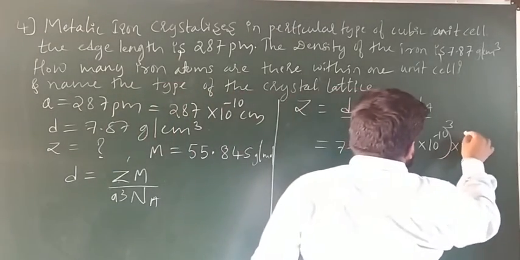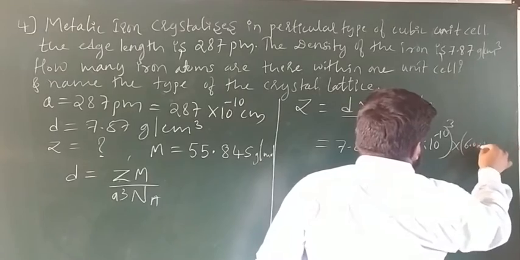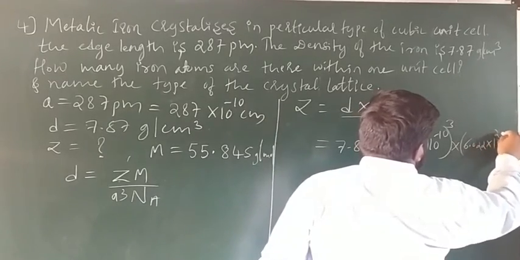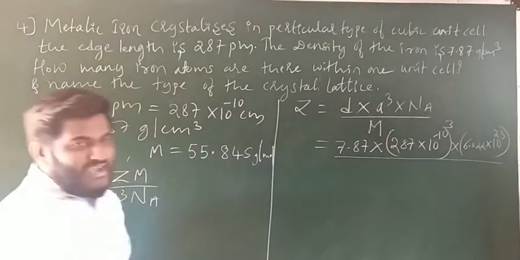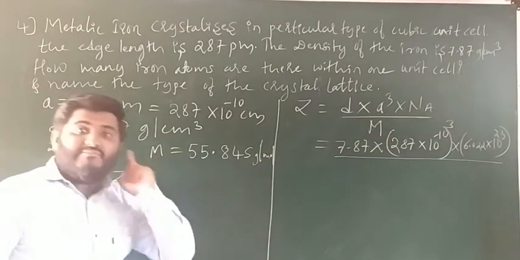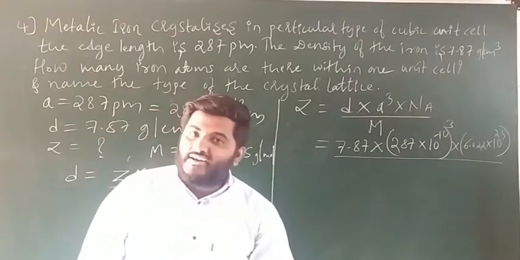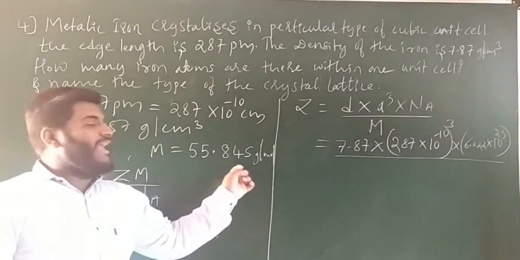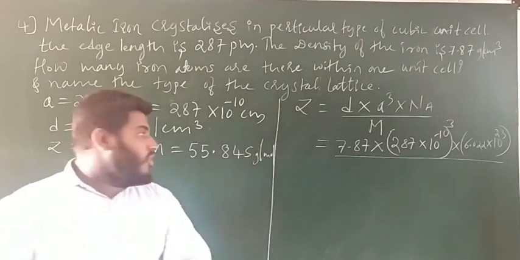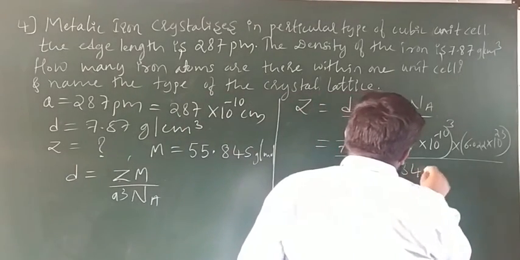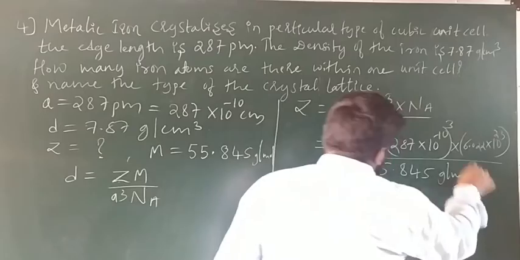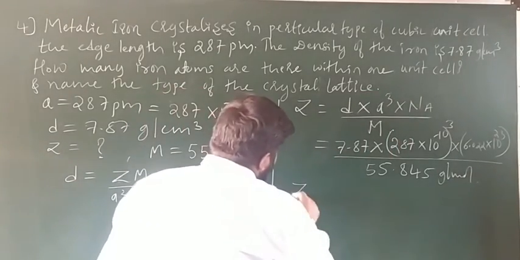So into 6.022 into 10 to the power 23, whole divided by M. What is M, guys? M is molar mass. Remember, the molar mass of iron is 55.845 gram per mole. You write that. So everything is given.